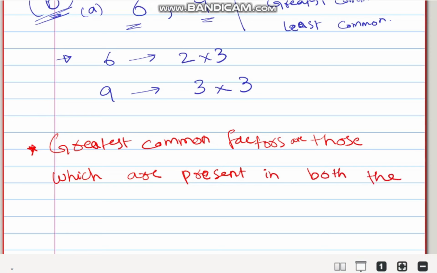In both the factorizations means the factorization of the first number and the factorization of the second number.